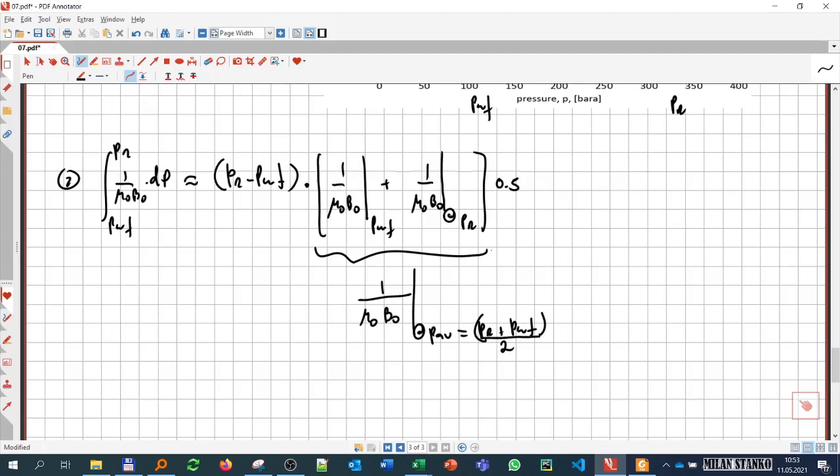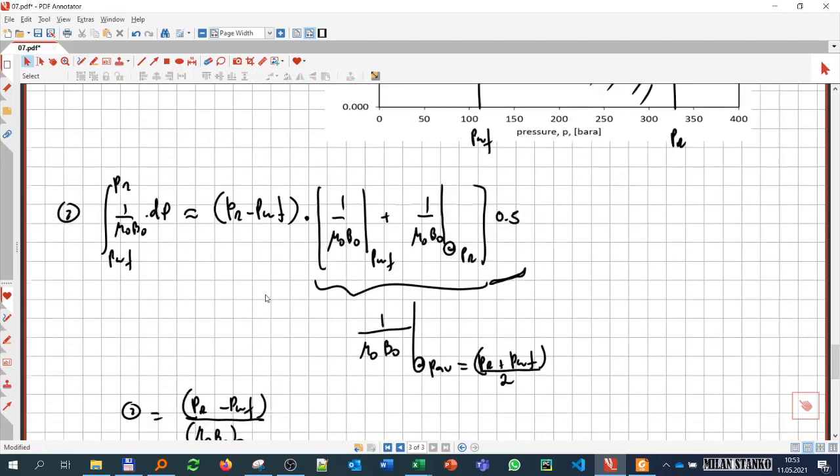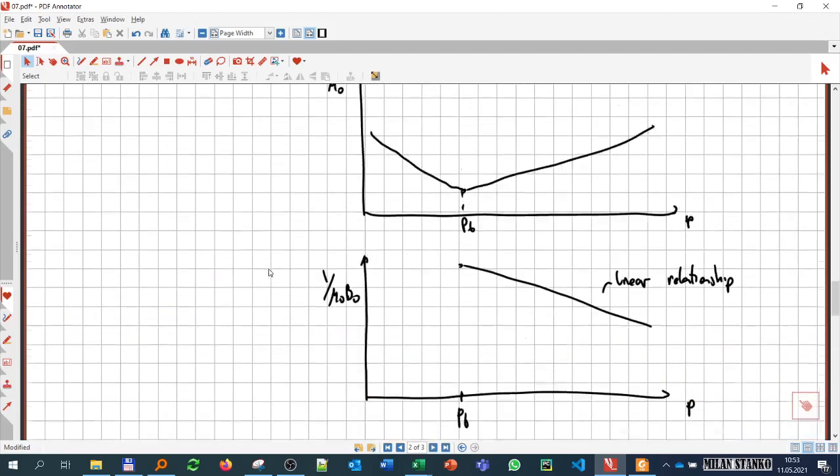Because it's linear, I can say that's equal to that part. So I find that integral 2 is equal to PR minus PWF divided by mu BO evaluated at P average.